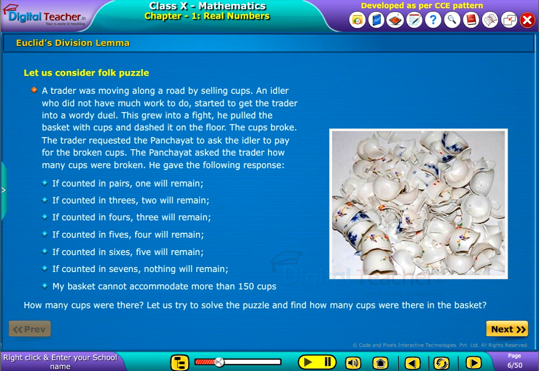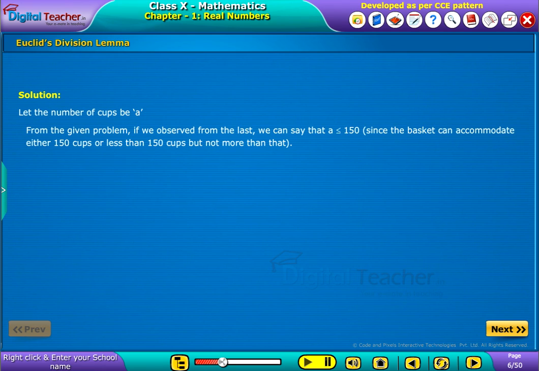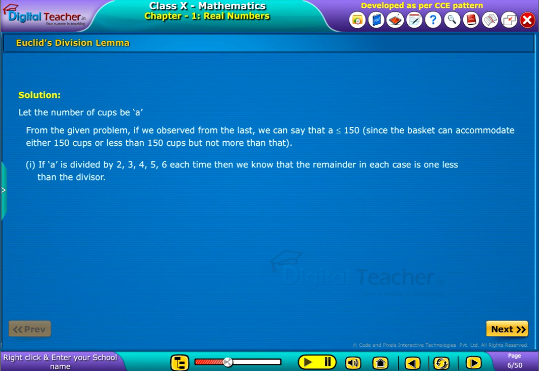Let us try to solve the puzzle and find how many cups were in the basket. Solution. Let the number of cups be A. From the given problem, if we observe it from the last, we can say that A is less than or equal to 150, since the basket can accommodate either 150 cups or fewer, but not more than that. 1.